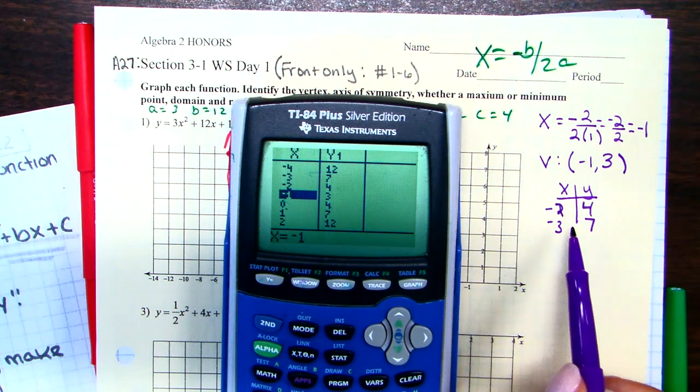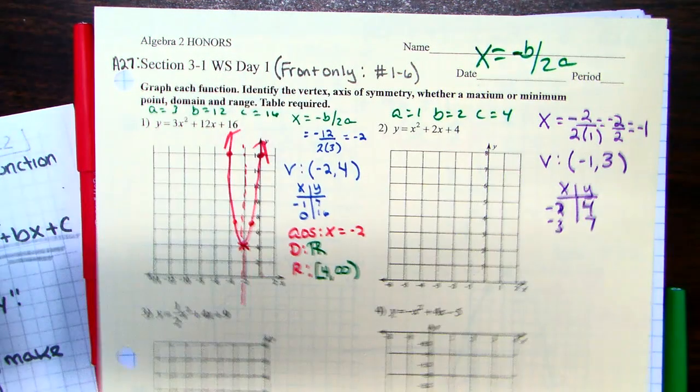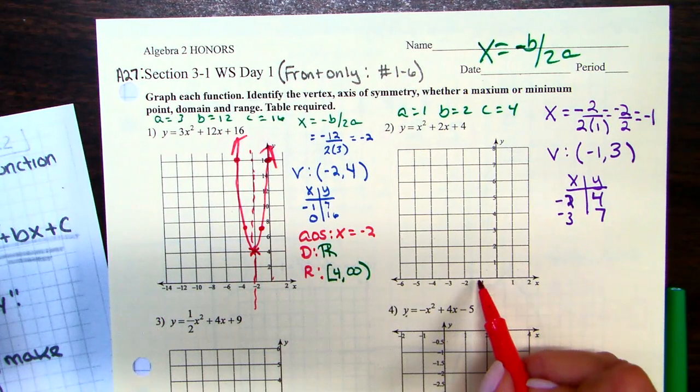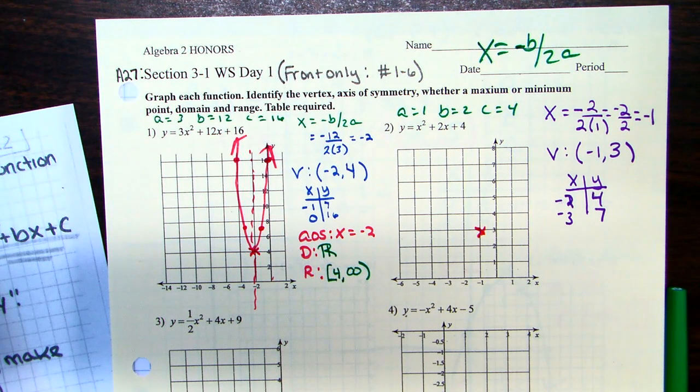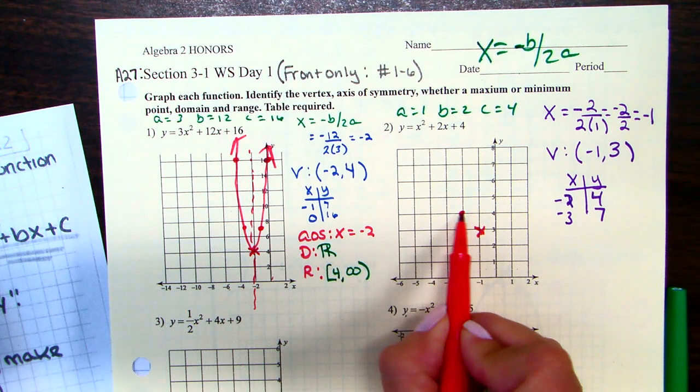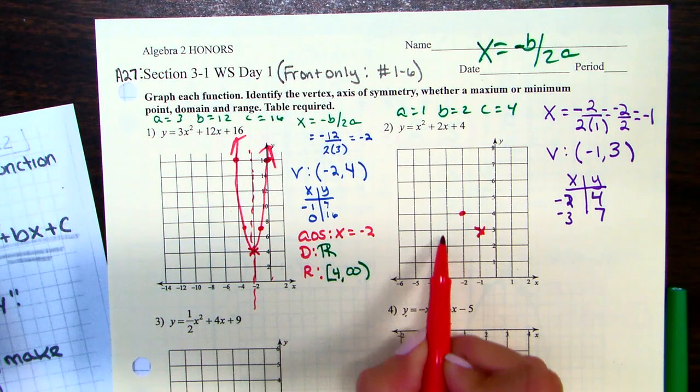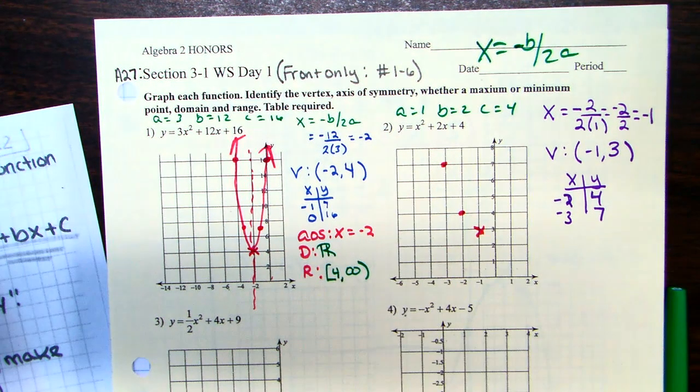Evan, are you with me this far? Okay. Then I'm going to go graph it. There's my vertex, negative 1, 3. Negative 2, 4. Negative 3, 7.